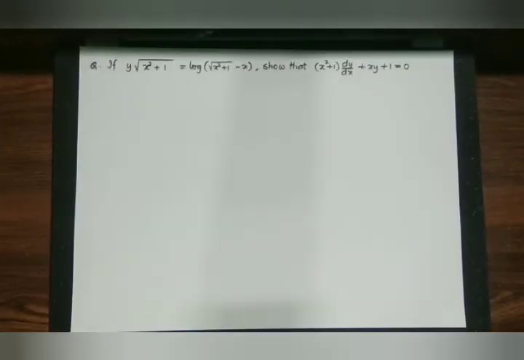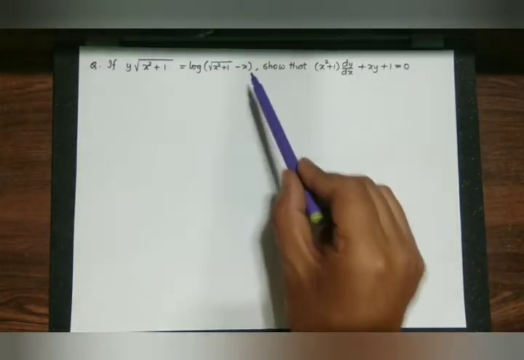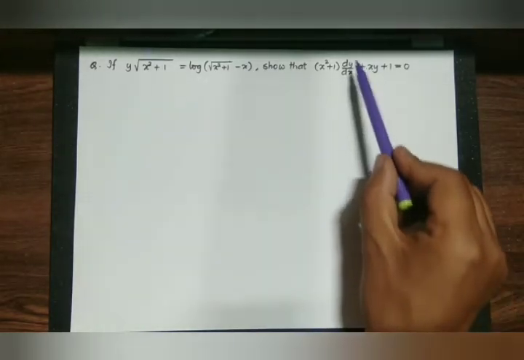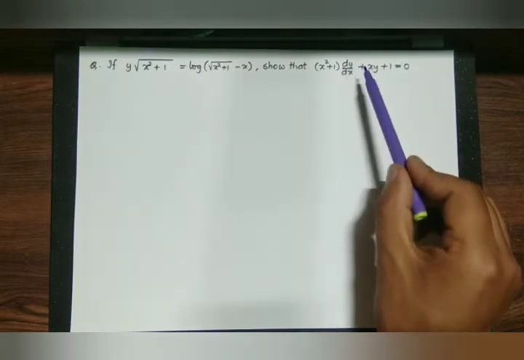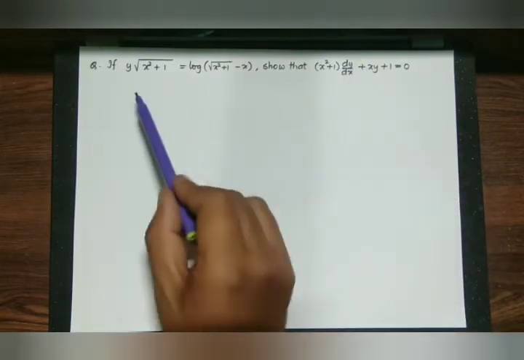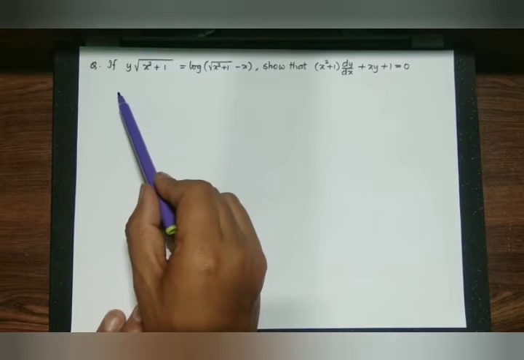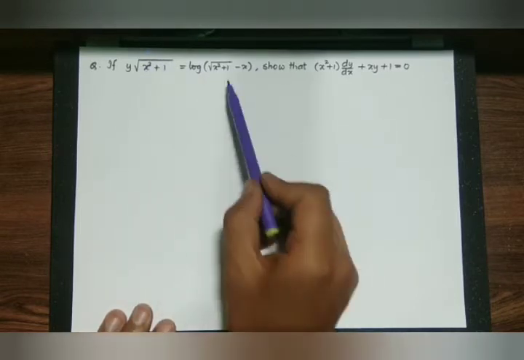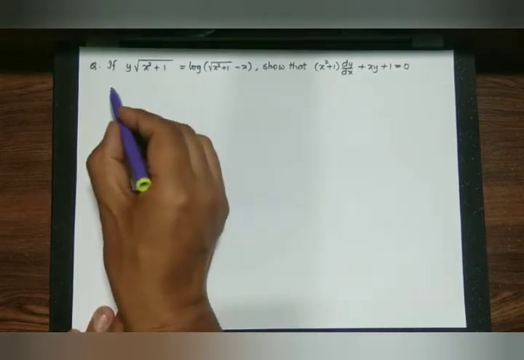Okay, so the question says, if y into root over x squared plus 1 equals log of root over x squared plus 1 minus x, we need to show this. So basically we need to find dy by dx, right? So to find dy by dx, let me keep only y out here and let me keep this root over x squared plus 1 to the other side. So from here, what do I see?